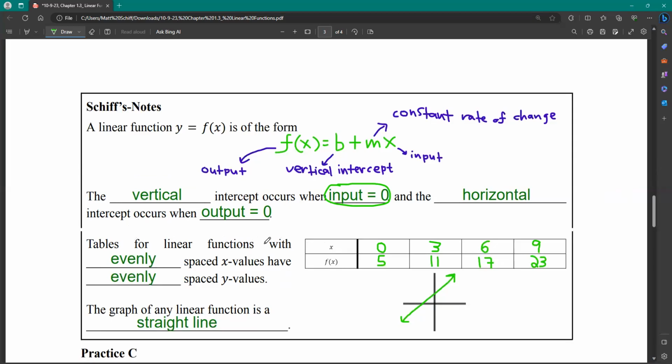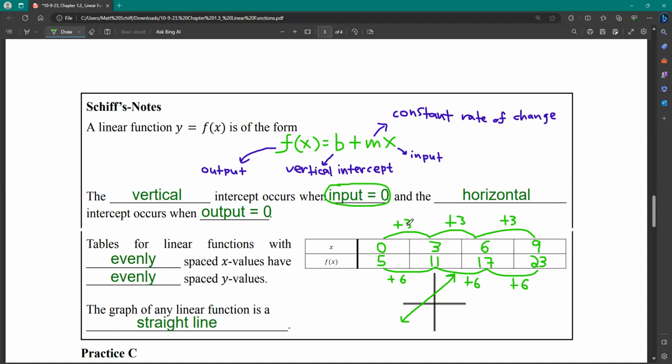Tables for linear functions have evenly spaced inputs, or x values, that give evenly spaced outputs, or y values. So in this example table, when you increase the input by 3 every time, notice that the output, or f of x, increases by 6 every time. So when the inputs are evenly spaced, 3 units apart, that guarantees that the outputs will be 6 units apart, which are still evenly spaced.